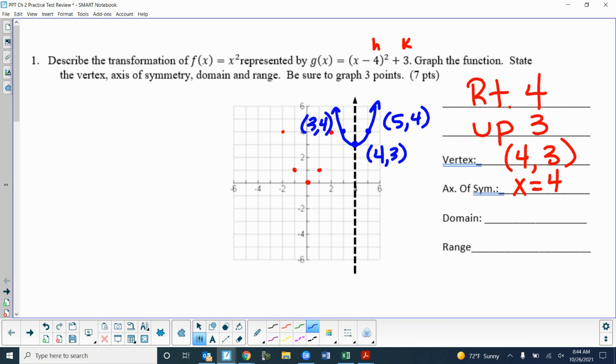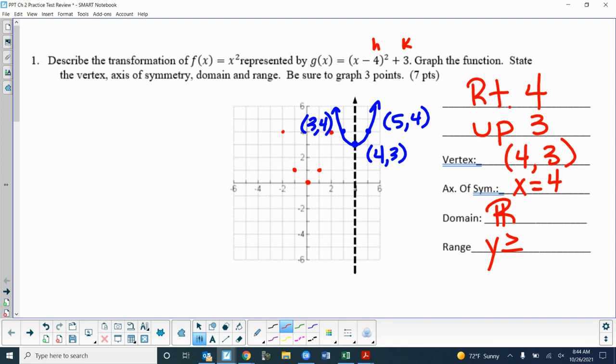Okay? Domain, all of you get this right, because for all parabolas, domain is all real numbers, right? Domain is which values again? X values, right? And then the range is the y values. So range is y, since it opens up, greater than or equal to, and then what number do we use?